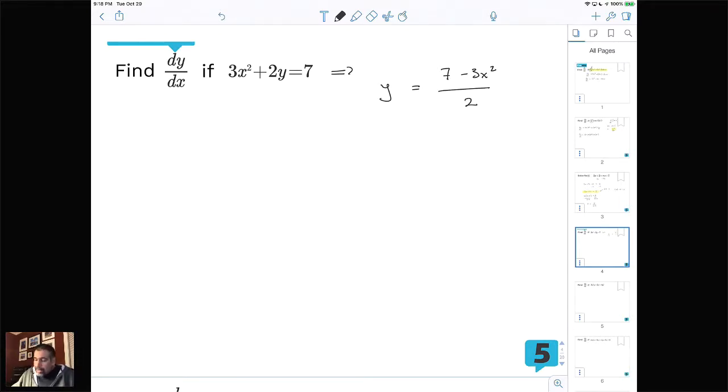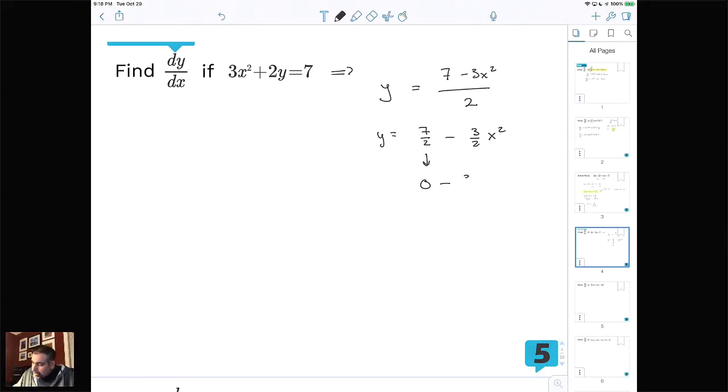As a matter of fact, I'm going to compare and contrast two ways of doing this problem. If I were to go further with this, that would mean that y equals 7 halves minus 3 halves x squared, just separating into two separate fractions. I think everyone's really comfortable with this problem. If I asked you to find the derivative of that equation, you would say the derivative of 7 halves is 0, because that's the constant by itself.